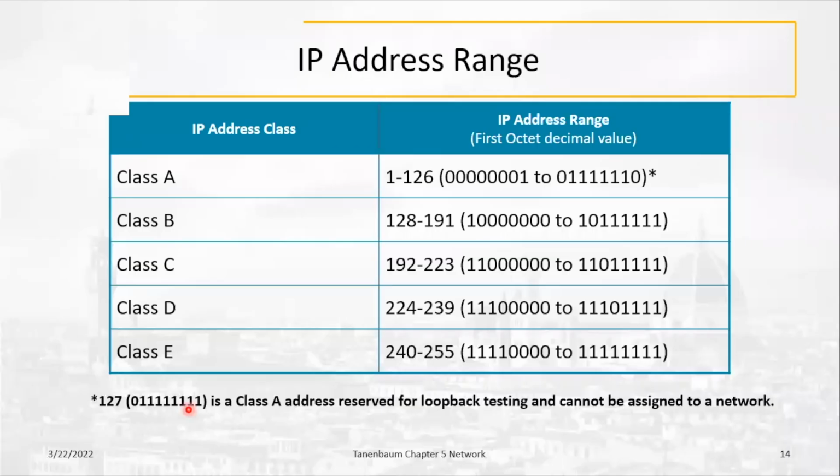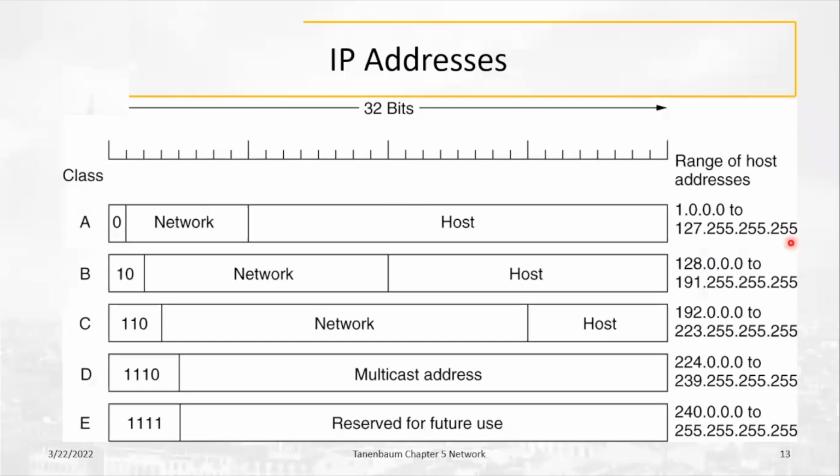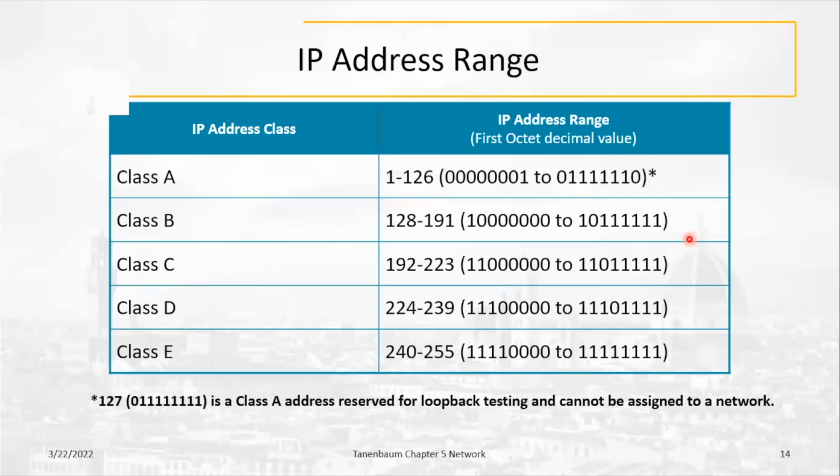So the class A range is reduced by 1. Previously it was calculated as 1 to 127, but now as 127 is used specifically for one purpose, the class A final range becomes 1 to 126. Other ranges are fixed: 128 to 191, 192 to 223, and so on, just because of the values of the first octet. This is the binary representation and this is the decimal representation.